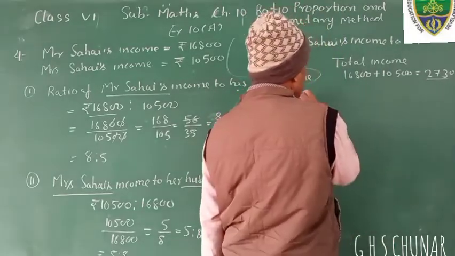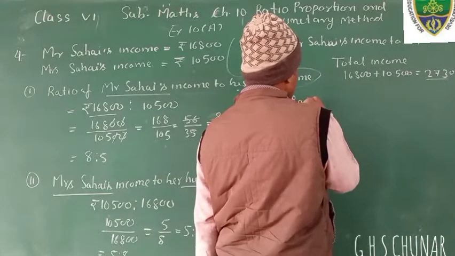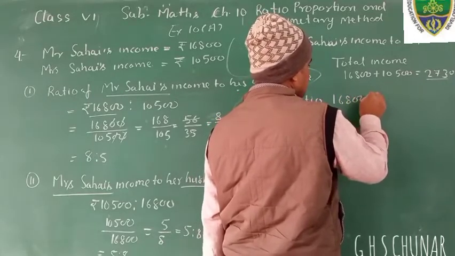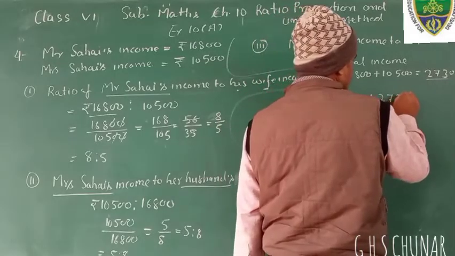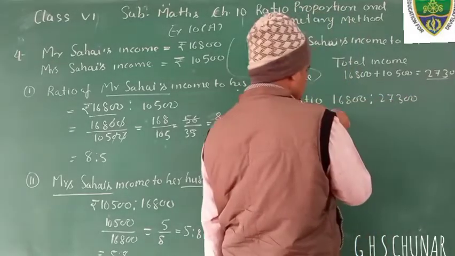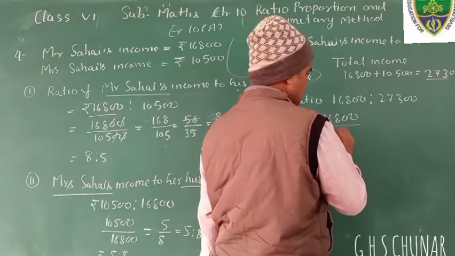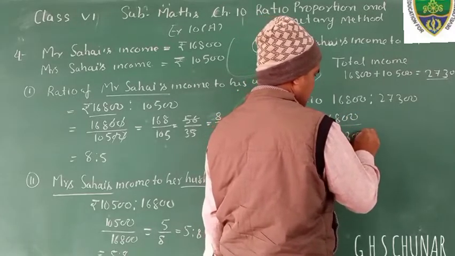Now ratio of that is 16,800 ratio 27,300. We will write it 16,800 upon 27,300.